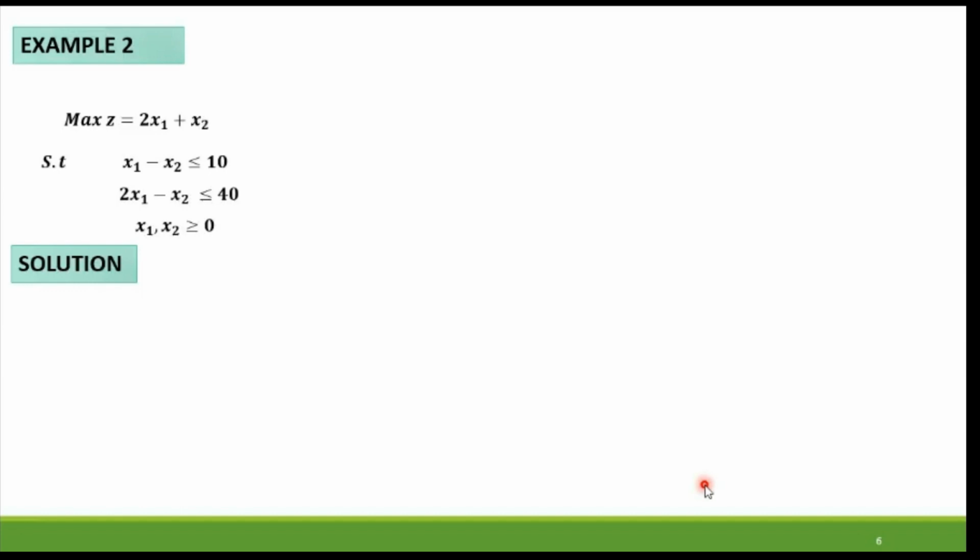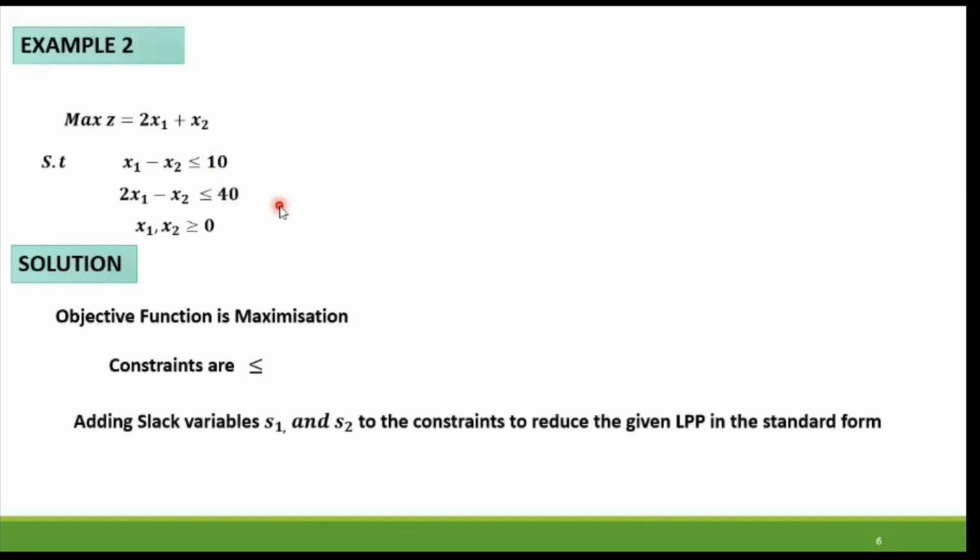Okay. पहला condition क्या है simplex के लिए? Objective function maximization, constraints less than or equal to. So here we have, and right hand side also positive. Everything is satisfying here. Again, we have 2 constraints. So adding 2 slack variables S1 and S2.